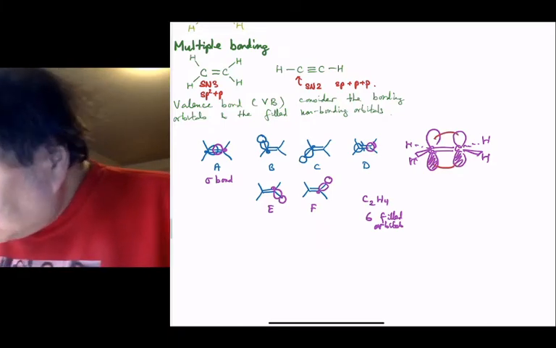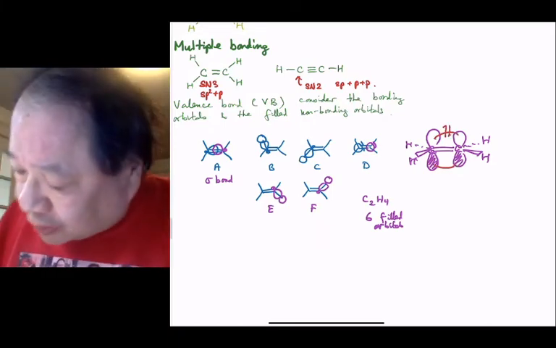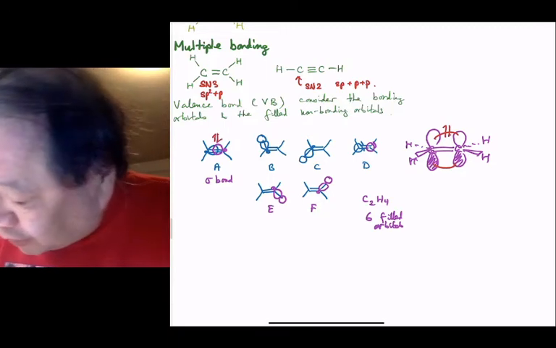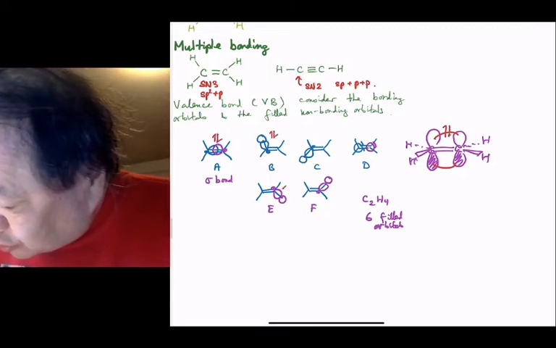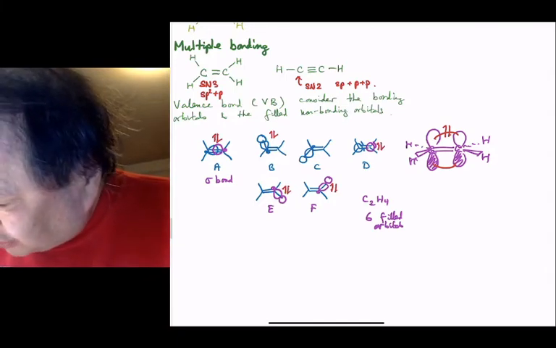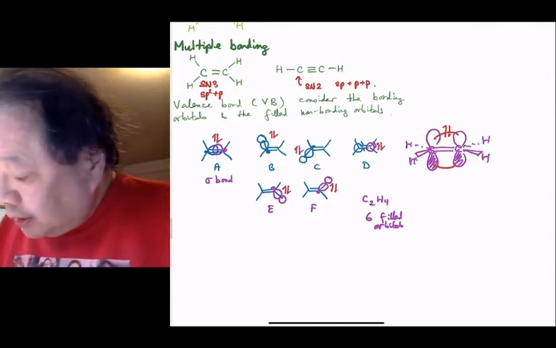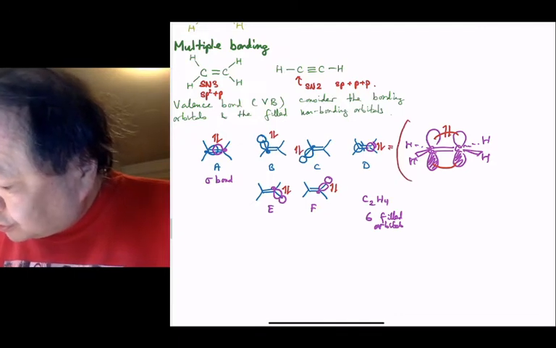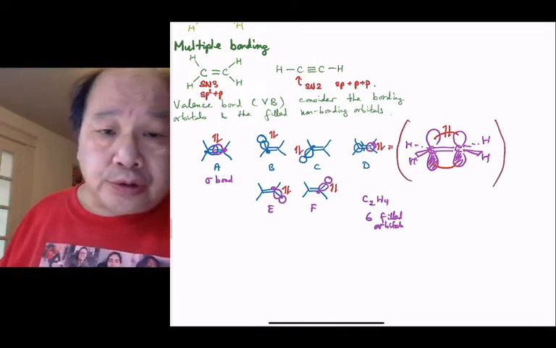We show it like this, and we want it to indicate there are a pair of electrons. We just put pairs of electrons. So all these orbitals are filled, and these are the 12 electrons in the valence bond theory. And these are two equivalent pictures, one where it's easier to see.